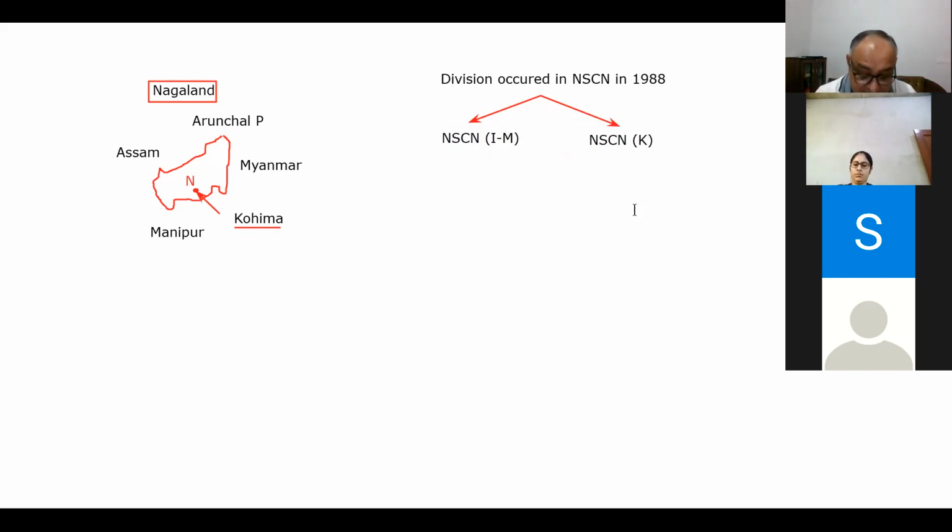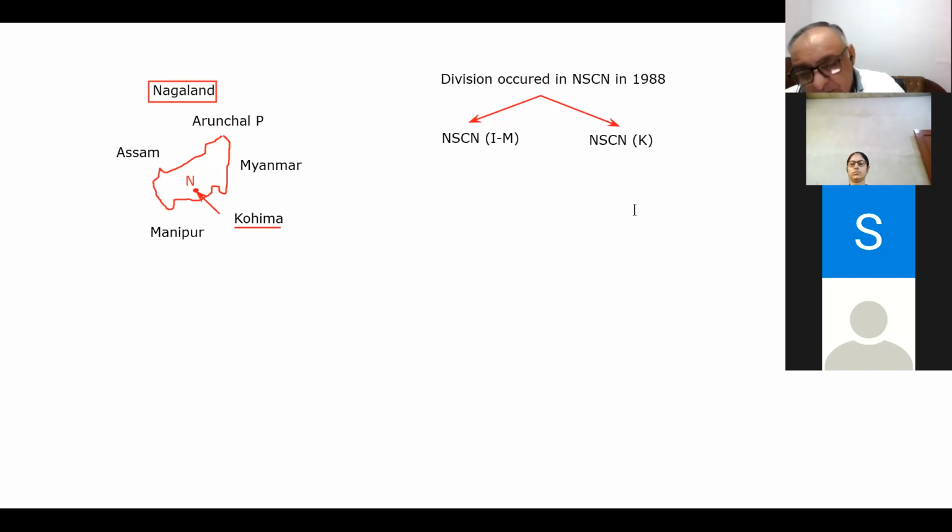So basically, what is the problem? The problem was that Isaac and Muivah belong to the Tangkhul tribe of Nagas. And the majority of the cadre, meaning workers, in the NSCN were from the majority tribal group of Nagas, the Konyaks.